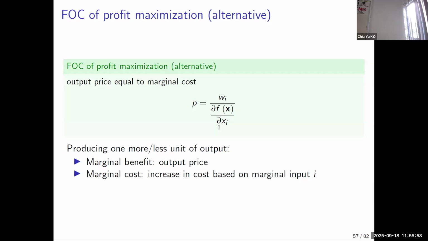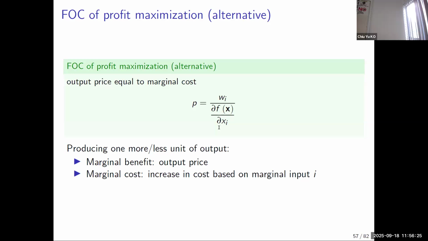Let me repeat, it seems to be a little bit tricky. The left-hand side is the benefit of having produced one more unit of output, P. You can always sell at P, right? And what's the cost of doing so? You can do it by increasing any unit of input, can be 1 up to n. But it should be the same because it's optimal.